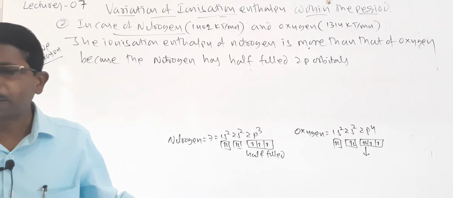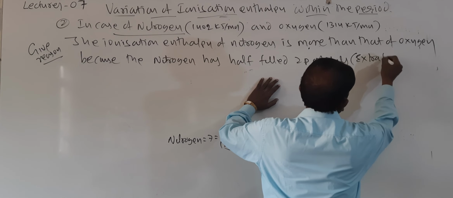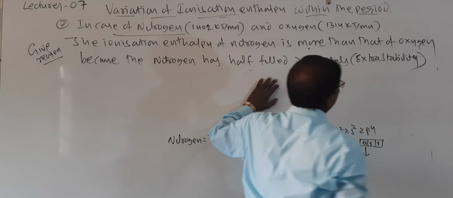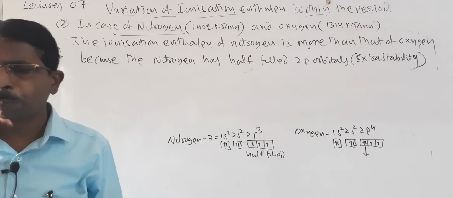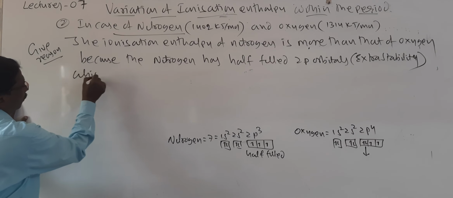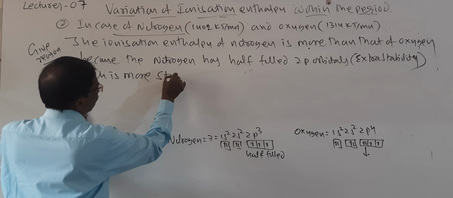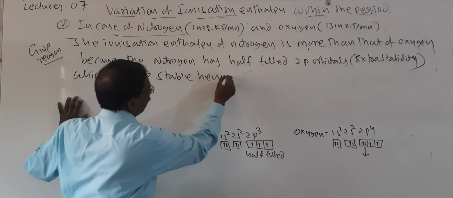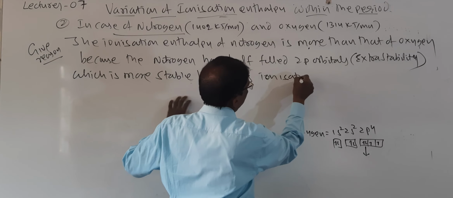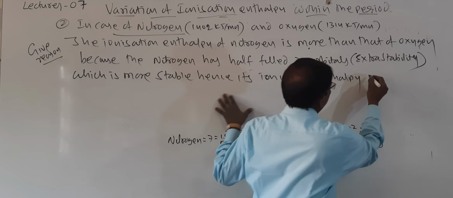Nitrogen has half filled 2p orbitals, and it has extra stability, half filled 2p orbitals, which is more stable. Hence, its ionization enthalpy is more.